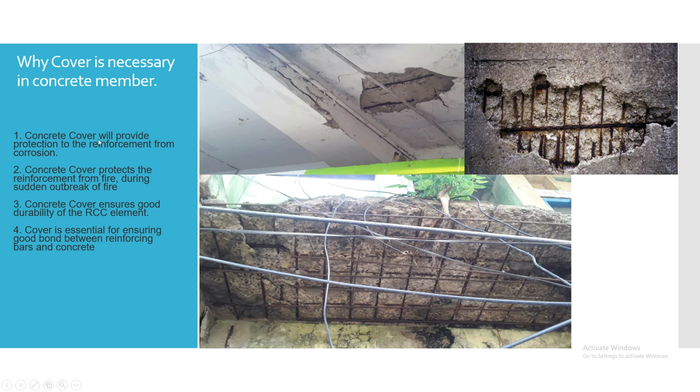That is durability, okay. Then cover is essential for ensuring good bond. म्हणजे काय? If there is a cover, तुमचं कॉन्क्रीट आणि स्टील मध्ये एक प्रकारचा चांगला बॉन्ड डेव्हलप होईल. You can see the example here, if that bond is not proper, you can see what will happen to the slab. Okay, so cover is required to save from corrosion, from the fire, it will ensure the durability and it will increase the bond between steel and the concrete.